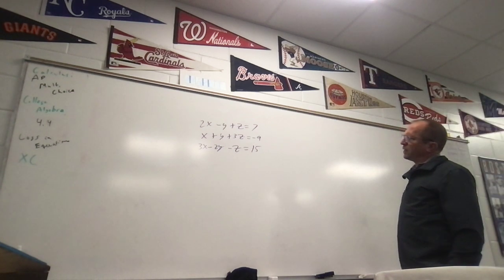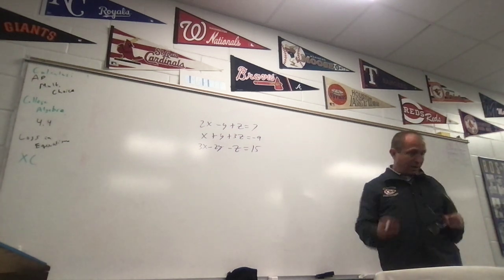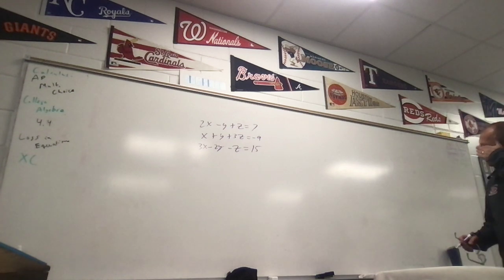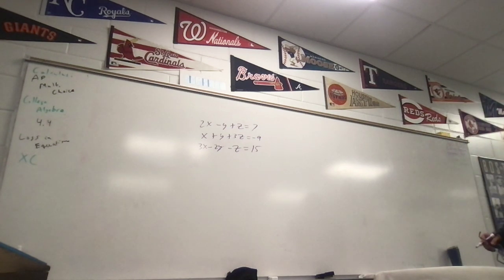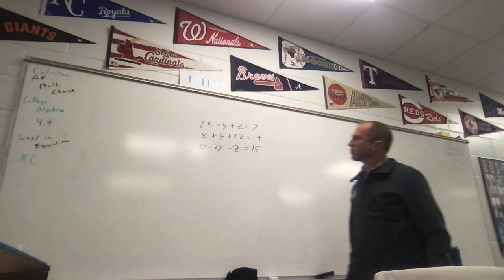So what you do in a case like this, first off, however many variables you have, you need that number of equations to solve it out. So here we have 3 equations and we've got 3 variables, so we're good there. I'm going to pair 2 of them together. Now, I'm going to look at eliminating my y first.